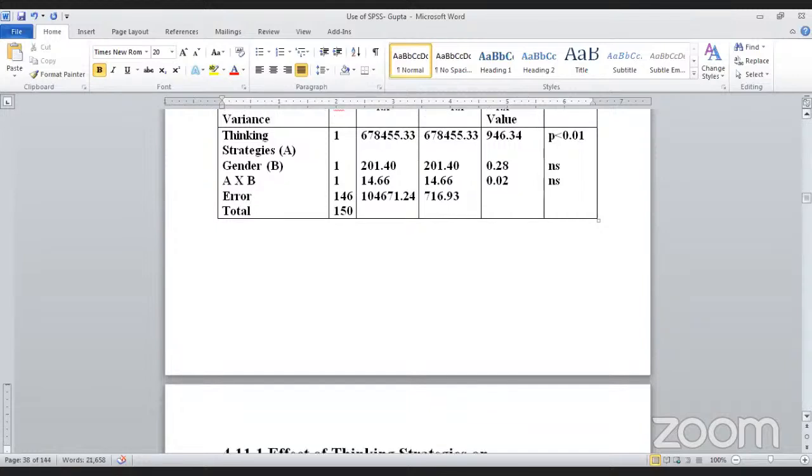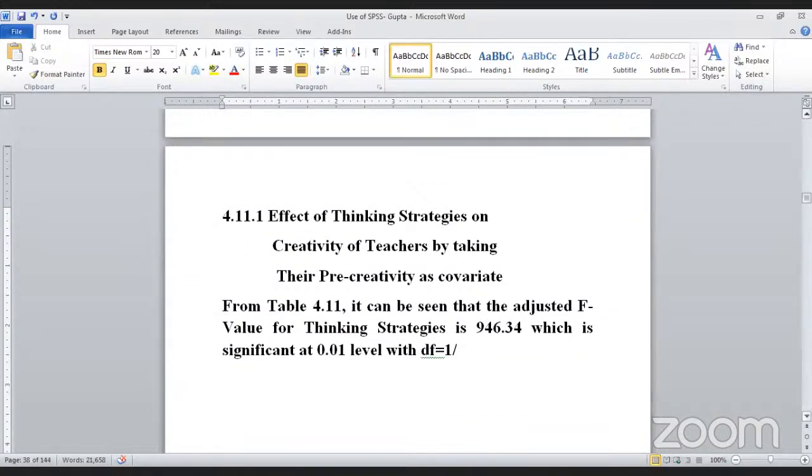So it is 1 slash by 146. Any question you want to ask here? Is it clear?